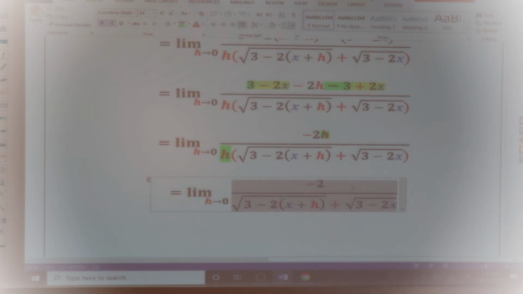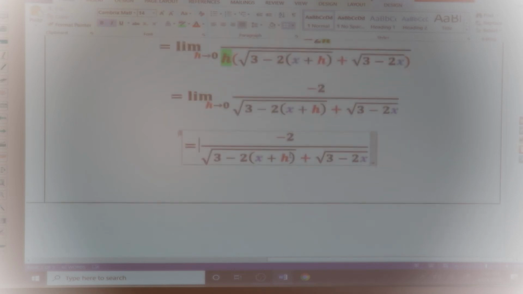Okay, copy. And equals. Now, in this step, you see the h has to be what? 0. Look here, it's going to be what? There's going to be no more h. It's going to be only x.